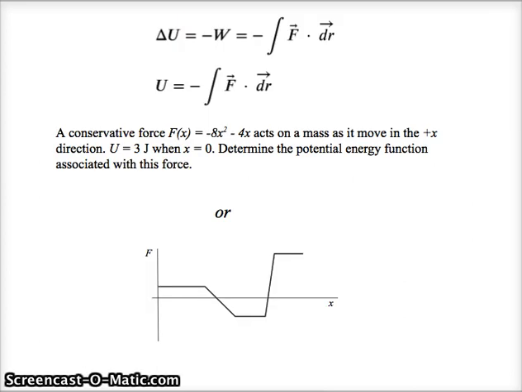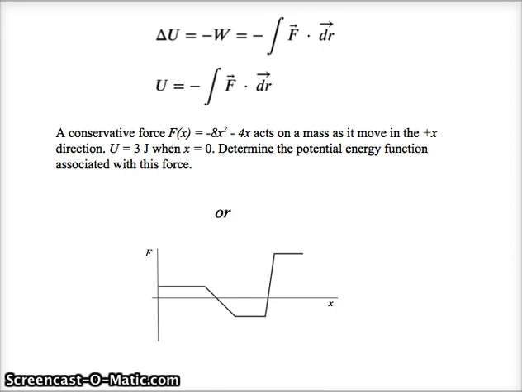So where is this going to be used? Any force that is defined to be a conservative force, something where the energy can be taken and given away in a reversible way, we can define a potential energy function based on that force. And to do that, we would think about calculating the work, which would be the integral of F dr, and then taking the opposite of that work value, and that would tell us the change in the potential energy.